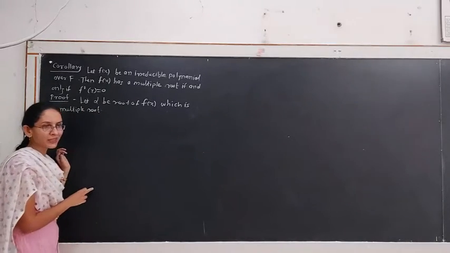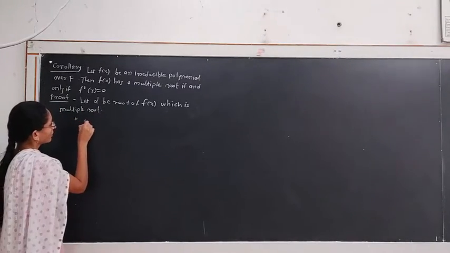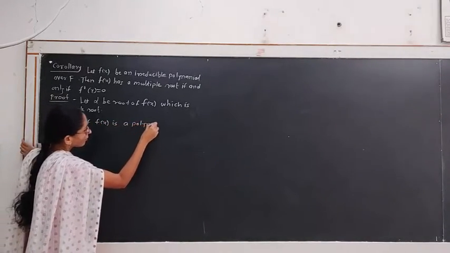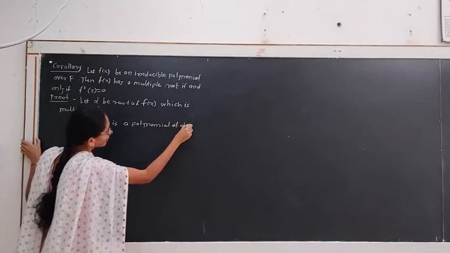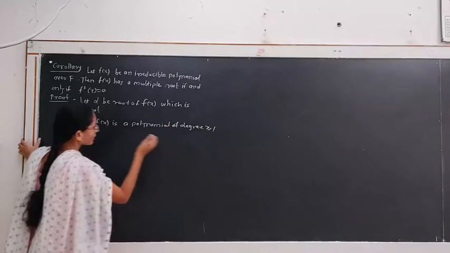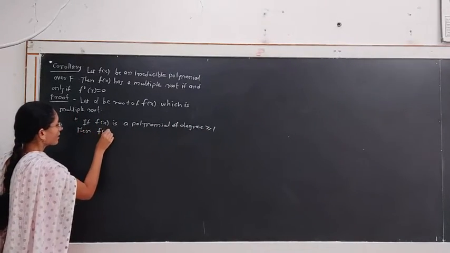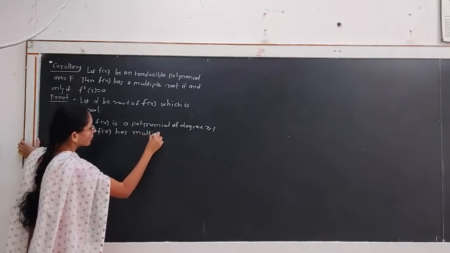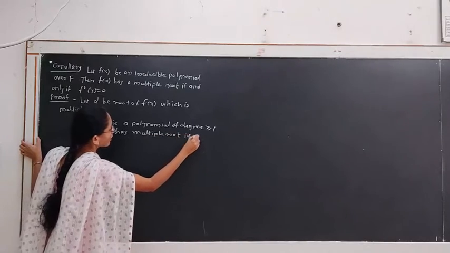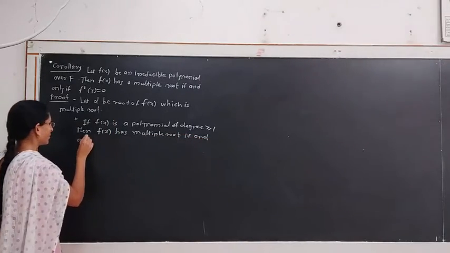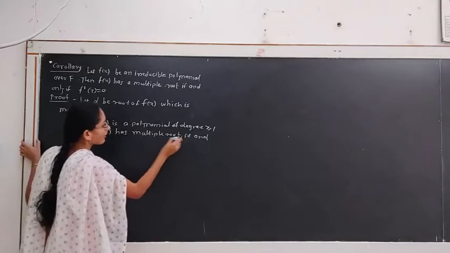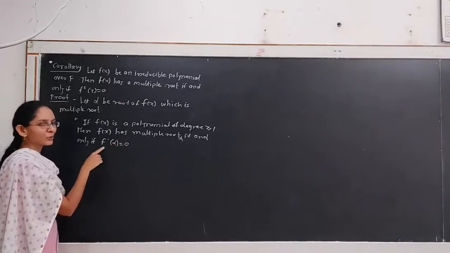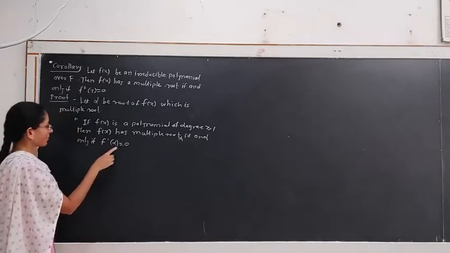By using the previous theorem, if f(x) is a polynomial of degree greater than or equal to 1, then f(x) has a multiple root alpha if and only if f dash of alpha is equal to 0, or alpha is a root of the polynomial f dash of x.